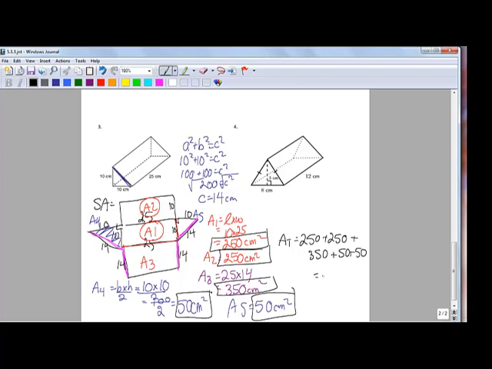Let's see what we get. Grand total of 950.